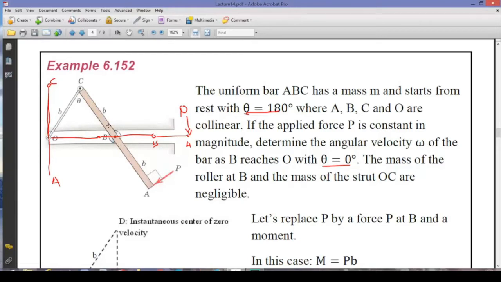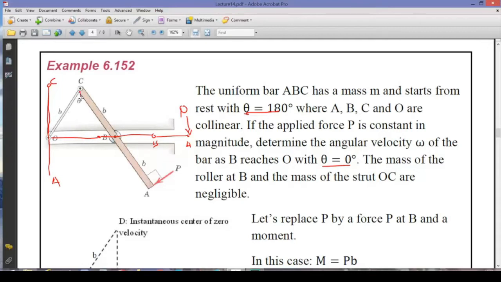If we are to find out the angular velocity, remember, the angular velocity is an absolute measurement, so we need to measure it relative to some inertial frame or axis. We can measure it with respect to this horizontal axis, or here we have an isosceles triangle with link lengths b and b.